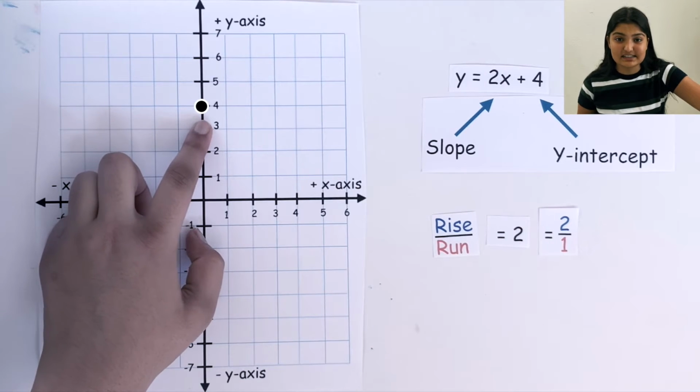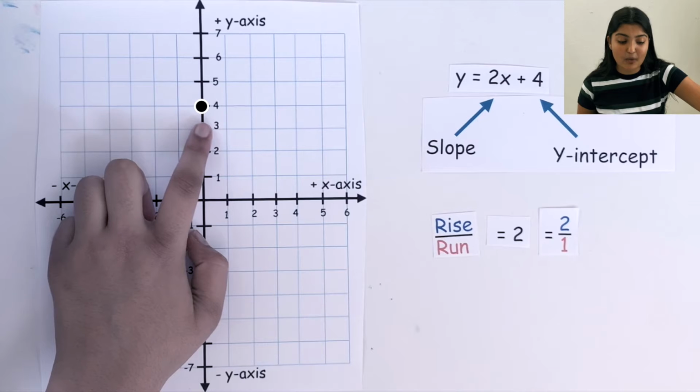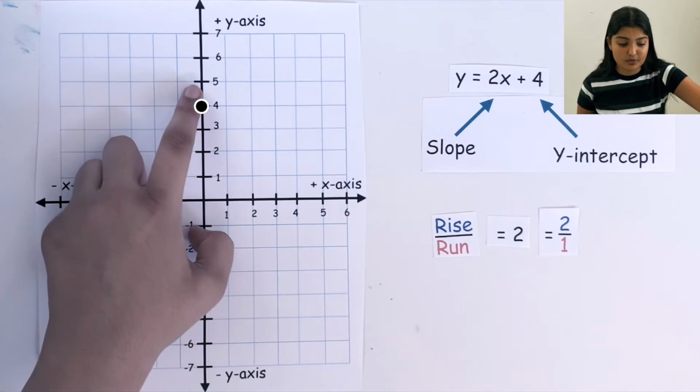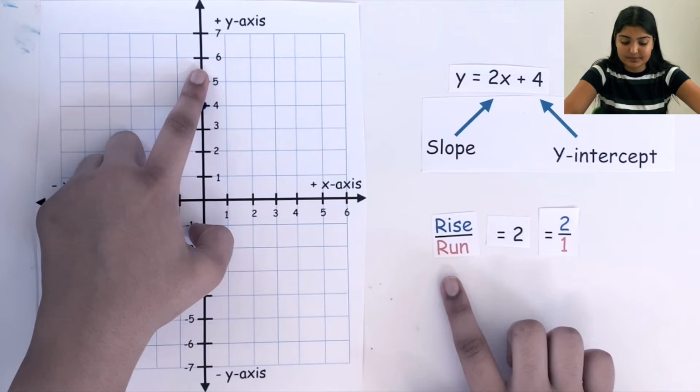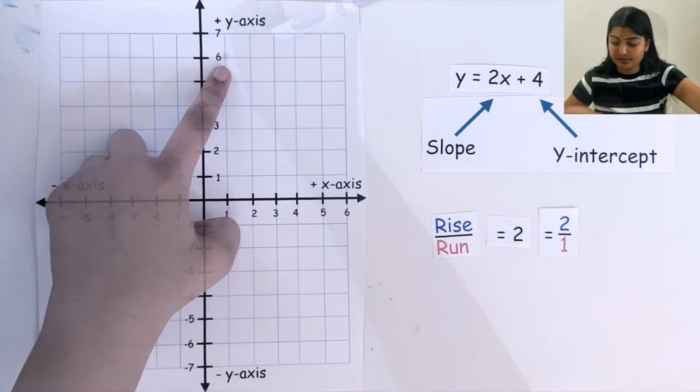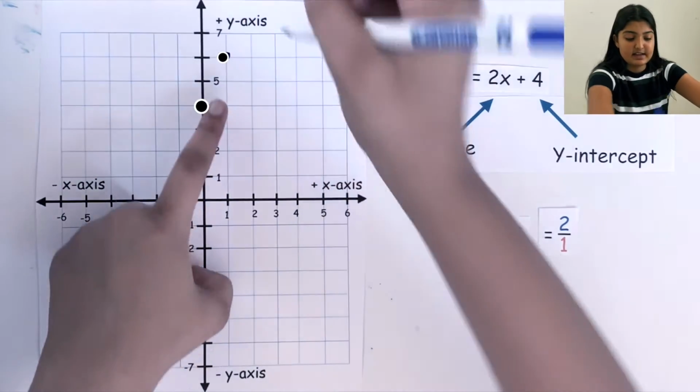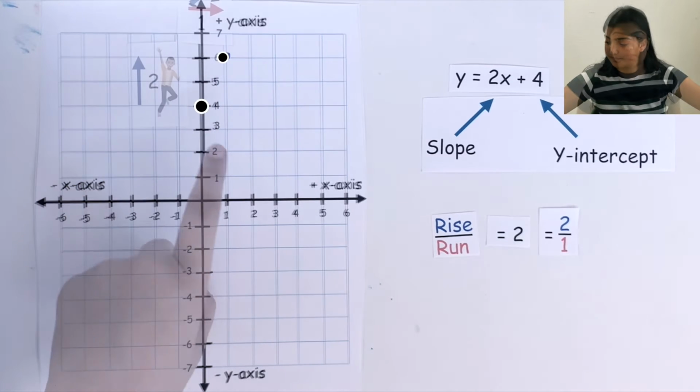So let's do that. From our y-intercept, let's rise 2 units. 1, 2. And let's run 1 unit. 1. This gives us a point here.